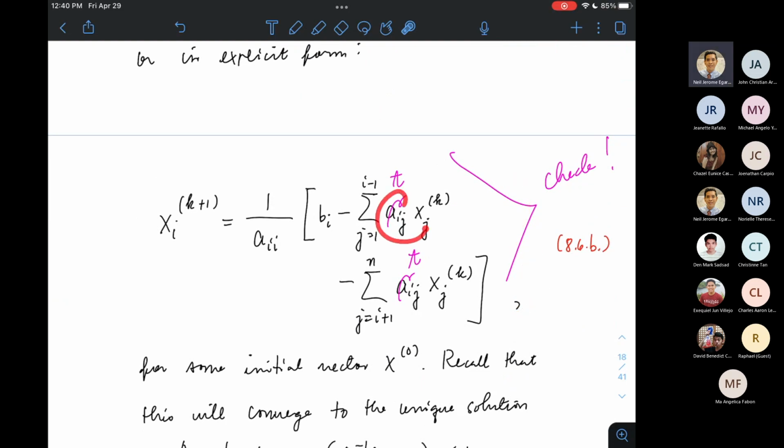Kasi I'm now confused. Was A sub ij supposed to be the entries of the coefficient matrix A, or was it supposed to be the entries of the iteration matrix T? Okay? So I'm not sure about that, pero I'll update you via email later today kung ano nga ba dapat yung nandun. Aij ba na entries nung coefficient matrix A o siya ba ay entries nung iteration matrix T?